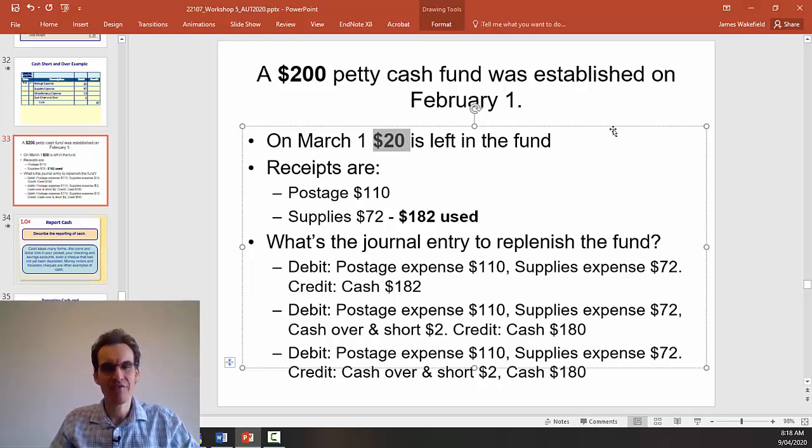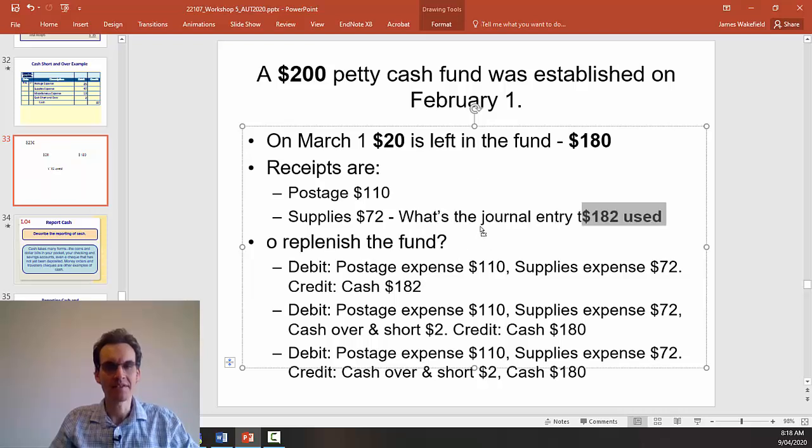Now notice that we have $20 left, which means that the actual reduction in balance is $180. So notice the difference. We've used up $180 from the petty cash funds, but the actual value of receipts is $2 more, which is $182.